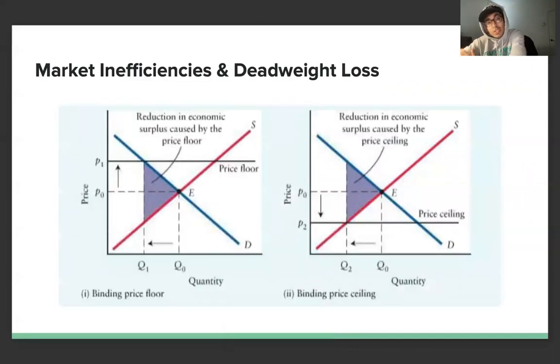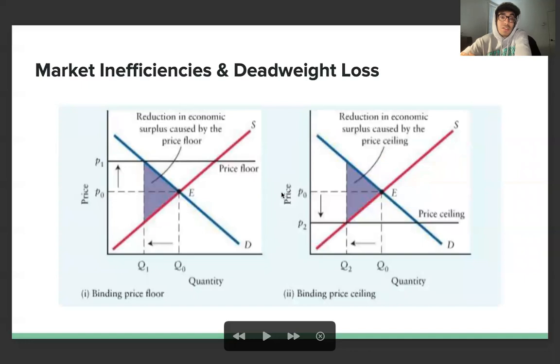Okay, and both of these situations are called market inefficiencies. Before understanding deadweight loss, we need to understand consumer surplus. So instead of thinking about this smaller shaded triangle, think of it this way. Let's say this whole bigger triangle region here was shaded to the left of the equilibrium point. That's your whole consumer surplus and the producer surplus.